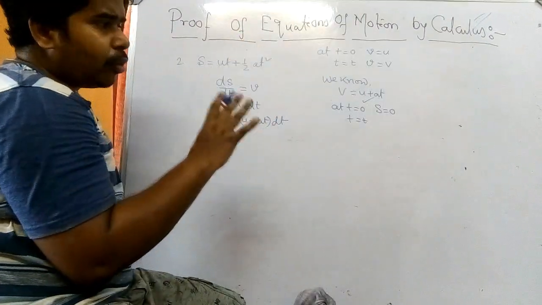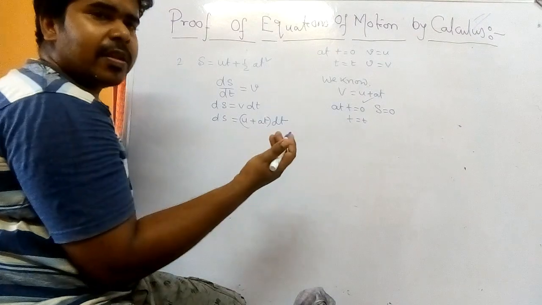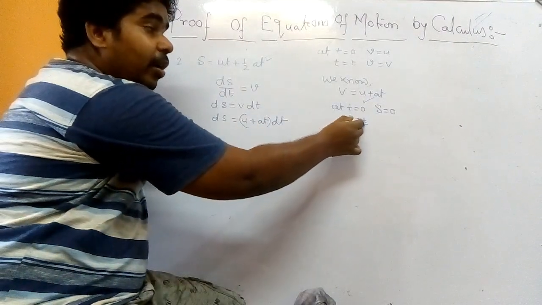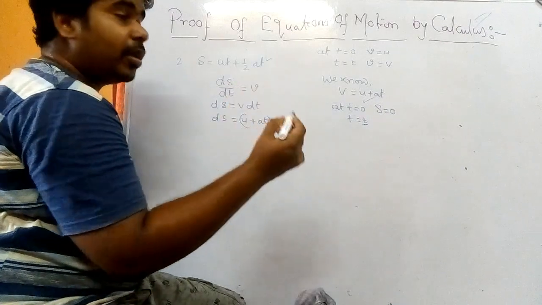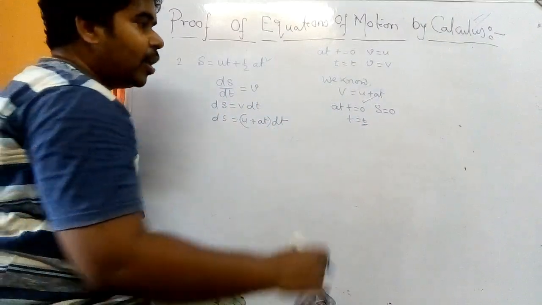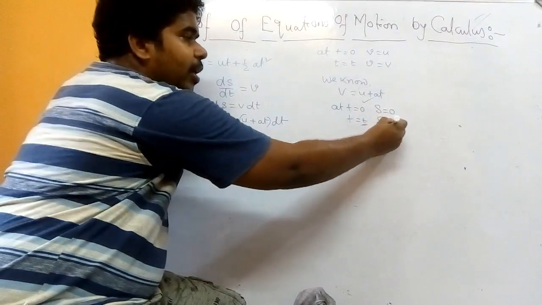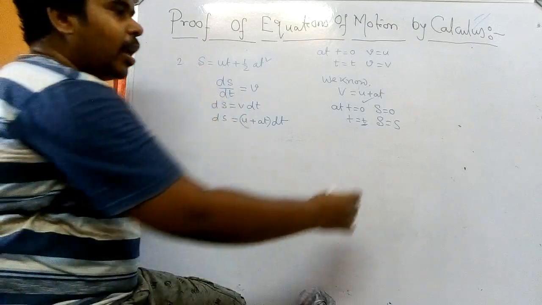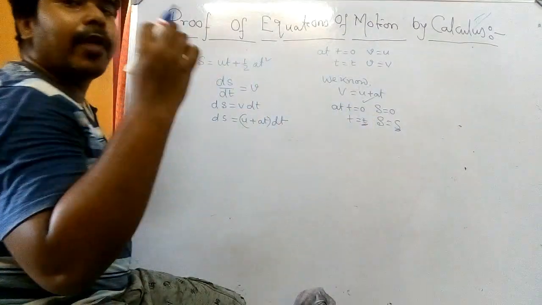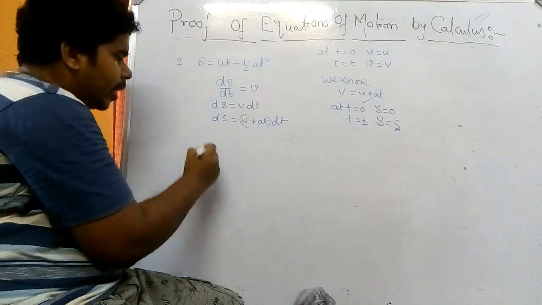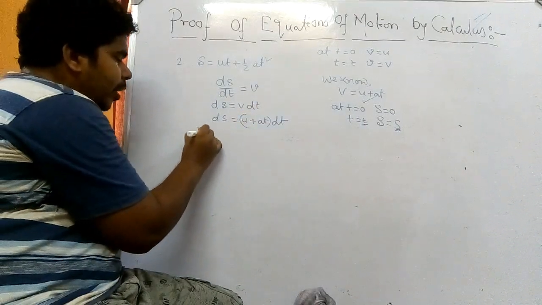Here you might be confused: t equals t means at time t. So here t represents the time t, a general representation of time. Similarly, s equals s: s is the representation of displacement, and here s is the value of the displacement s.